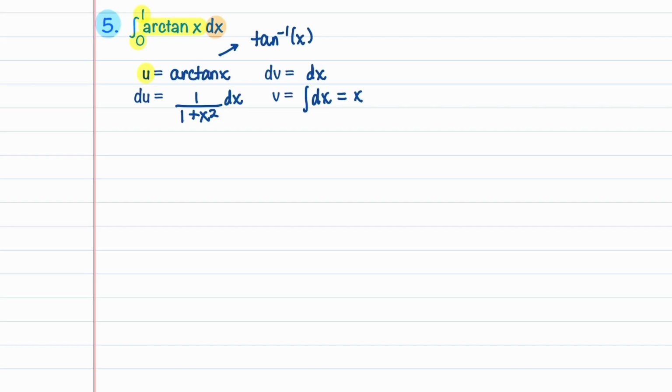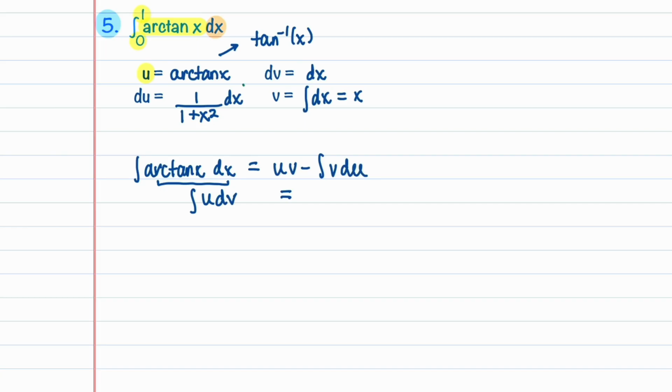Let's put aside the definite integral for a minute, and let's just solve the indefinite integral. So we're going to solve the indefinite integral arctan x dx, and we'll use our integration by parts formula. This is uv minus the integral v du, and remember that this part is just our integral u dv.